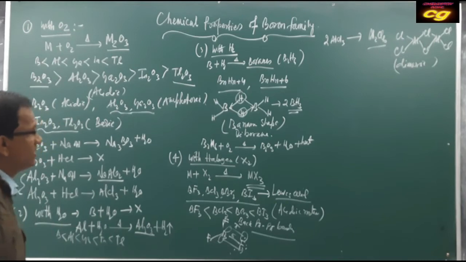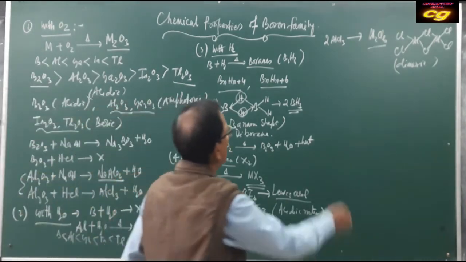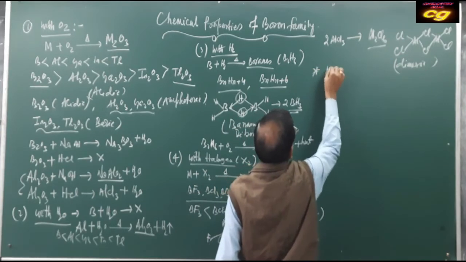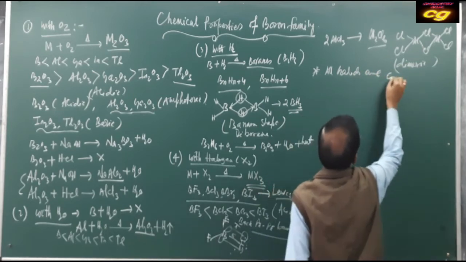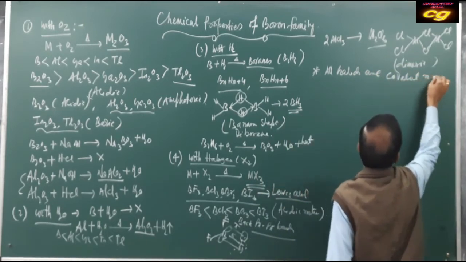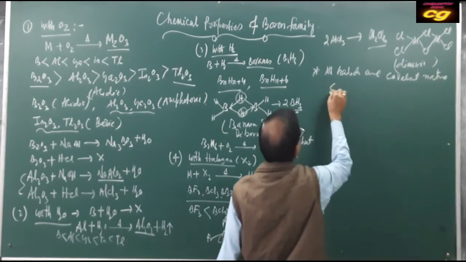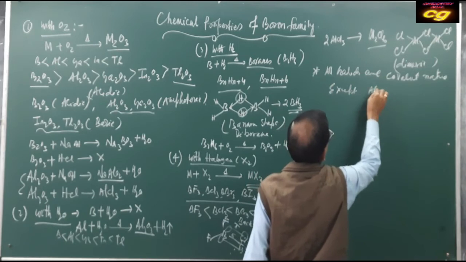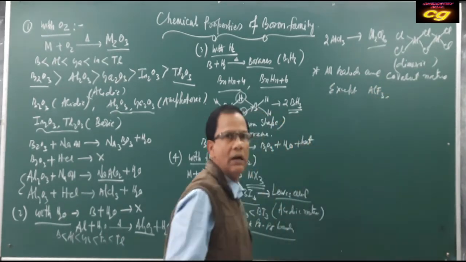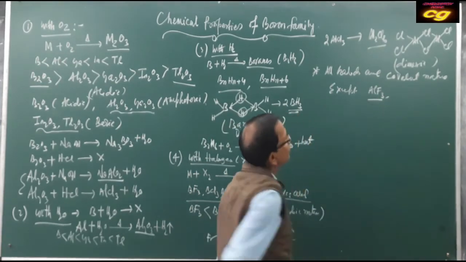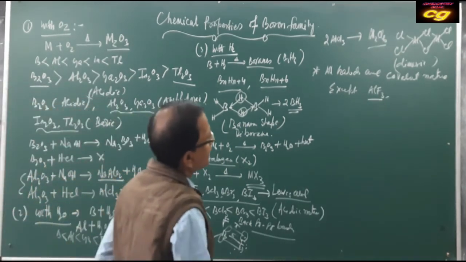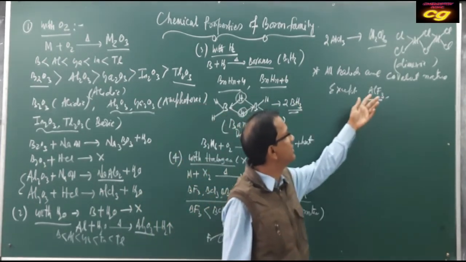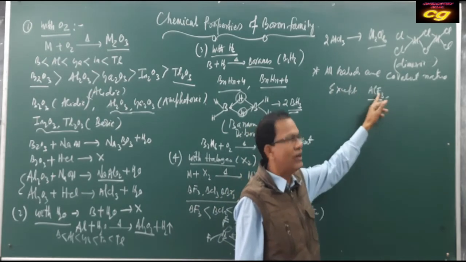Almost all halides are covalent in nature, except aluminum fluoride. Almost all halides generally have covalent character, because aluminum 3+ is only possible, and 3 electrons can be removed from aluminum only by fluorine due to its high electronegativity.